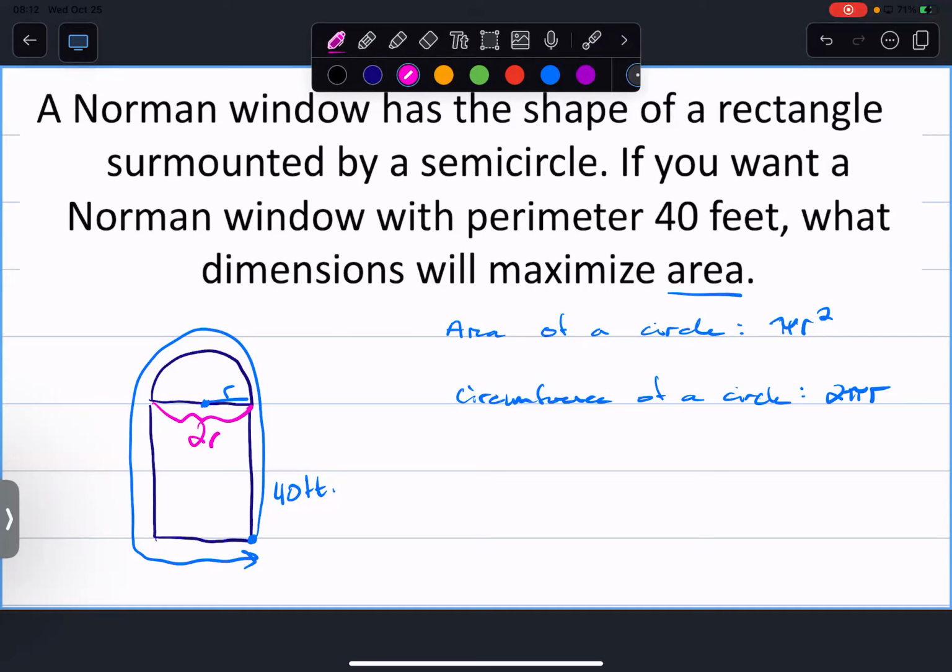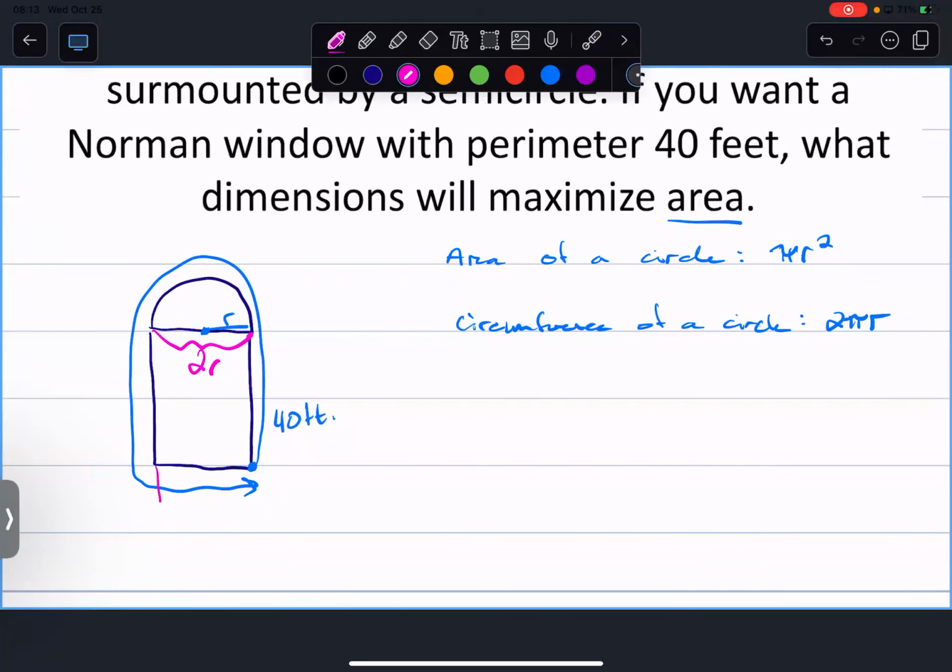Okay, that's good. Now for any r, what's this distance? This has to be 2 pi r divided by 2, right? Just a half. Nice. So here, this distance is 2 pi r divided by 2, which is just pi r.